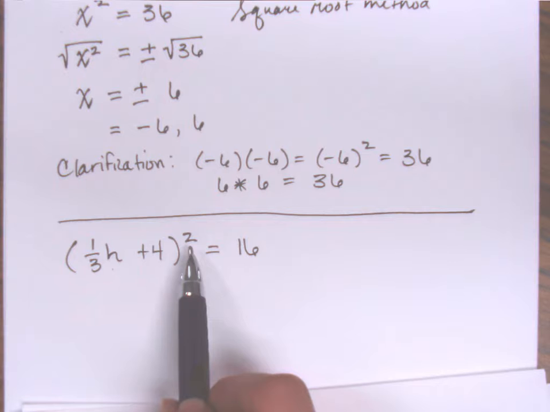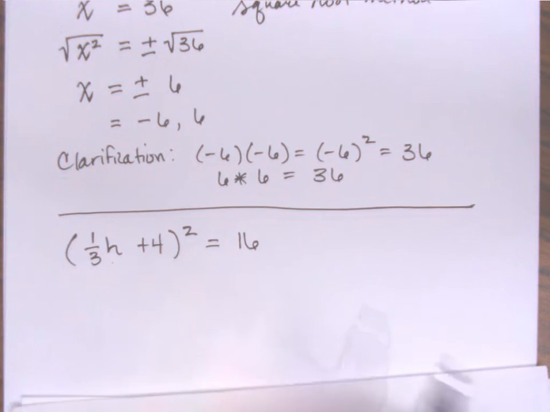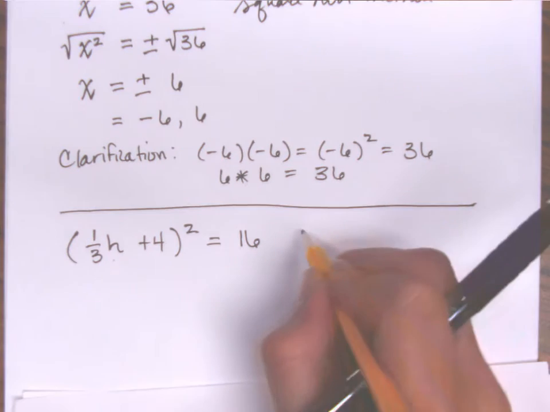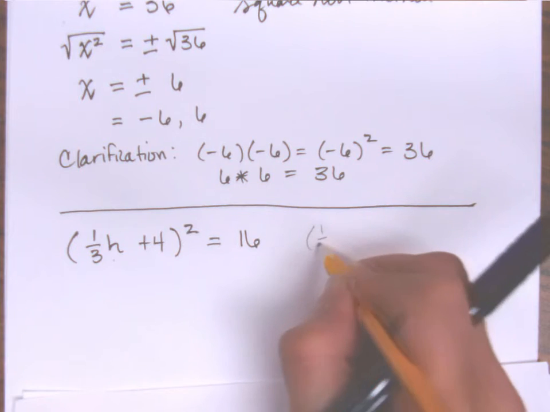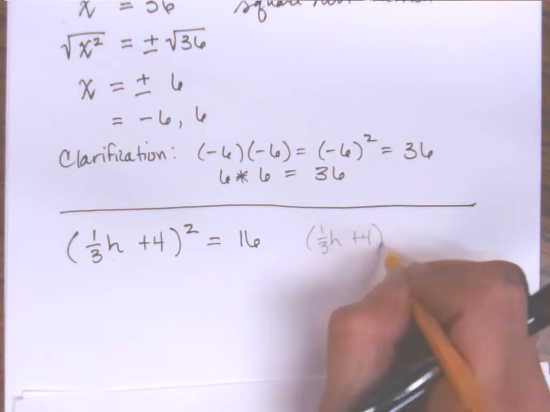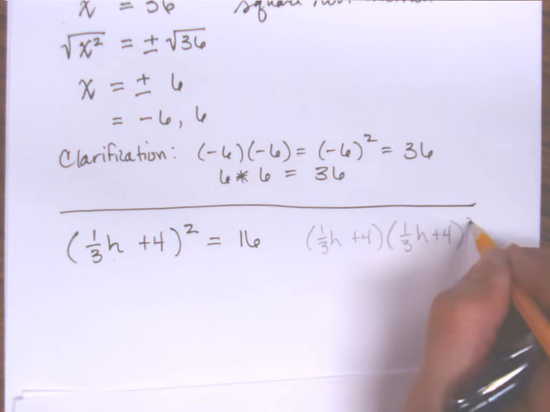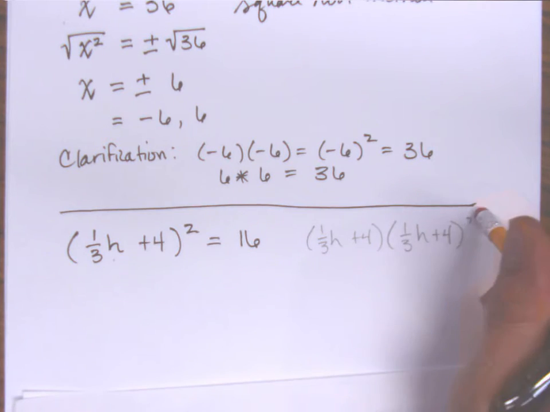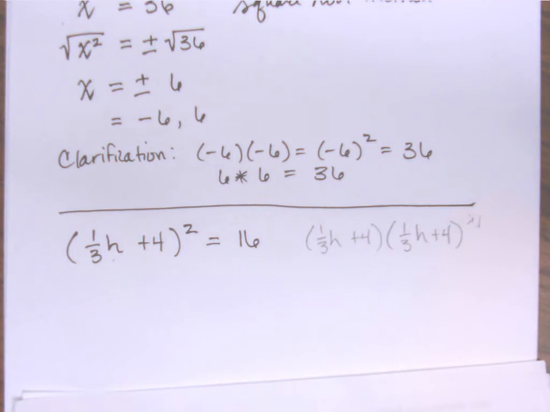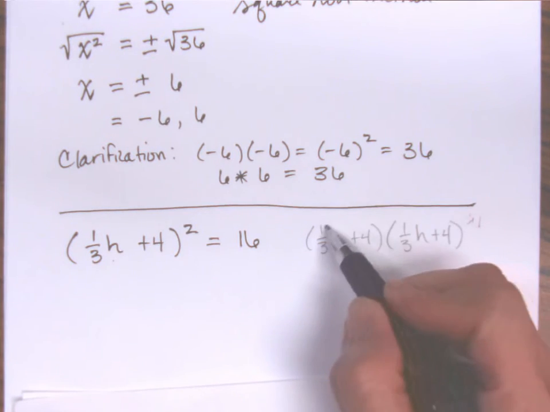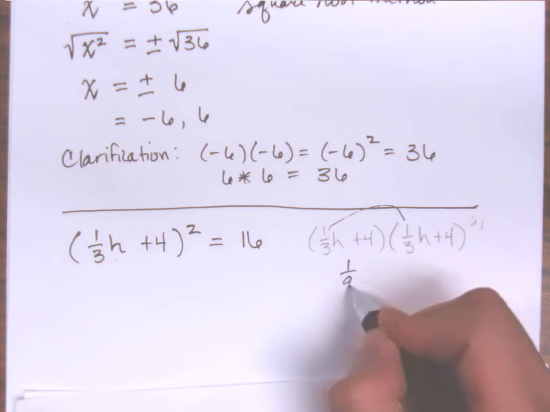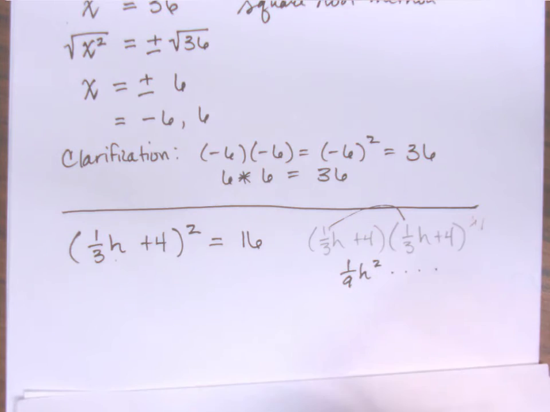but everything is squared. Now normally, most people want to expand the parentheses and then FOIL it out from here, taking this times this and getting 1/9 h squared and so on.